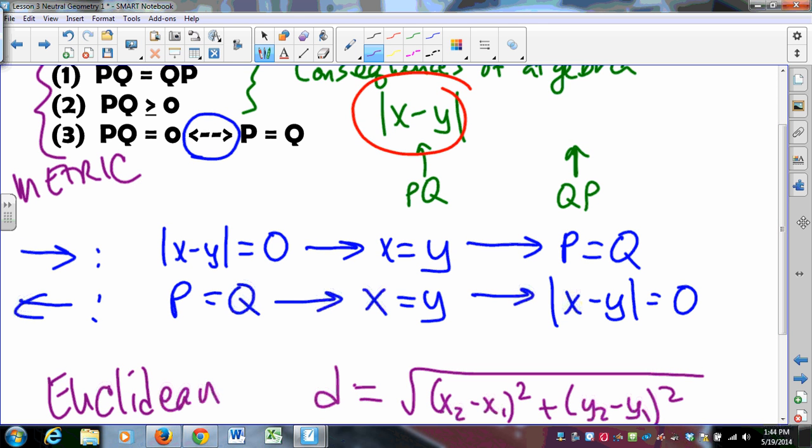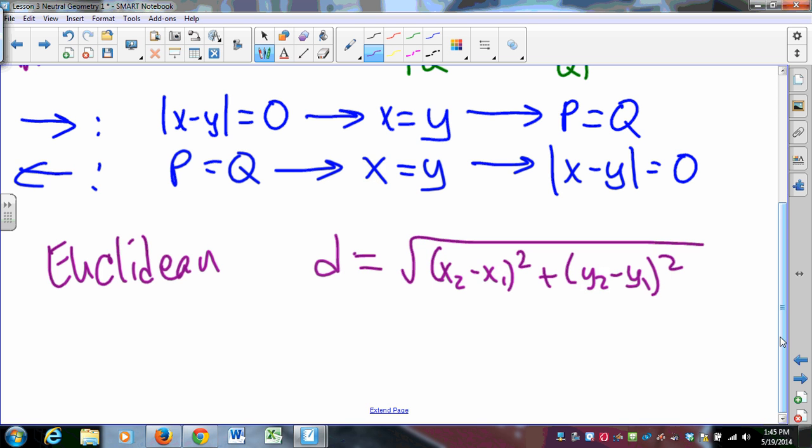Sure enough, if I have 2 points in the coordinate plane, A and B, and I take the distance from A to B, that is exactly the same as the distance from B to A. If I have 2 points on the coordinate plane and I use standard Euclidean distance, that distance will always be non-negative. And the only way for the distance between 2 points to be 0 would be if those points were the same. There are other metrics that Venema talks about in his book.